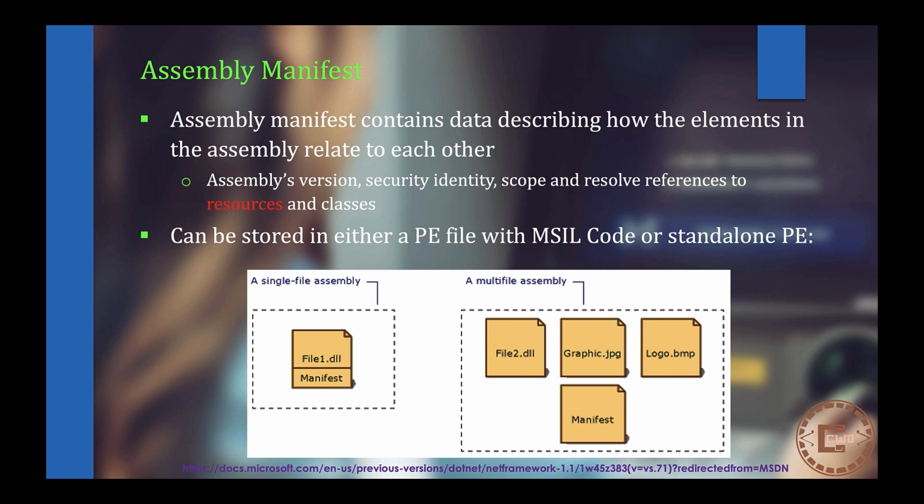It can have the assembly version, security identity, scope, resource references, resources, and classes, right? So that's the building information that a manifest can provide for a DLL or multiple DLLs or files. The manifest is always needed for .NET. It can also tell you which .NET version you want to run when you execute your program.